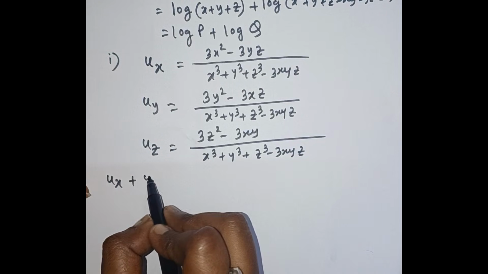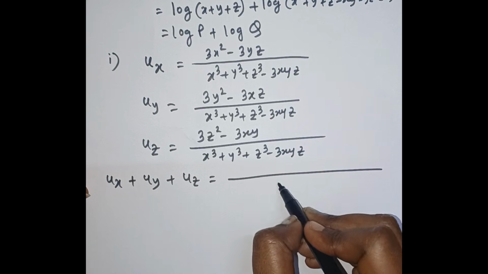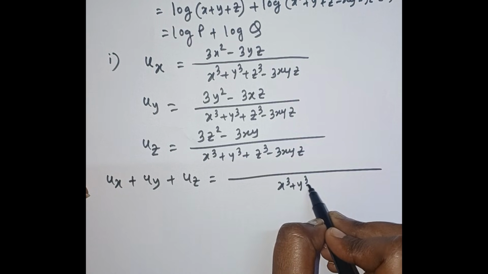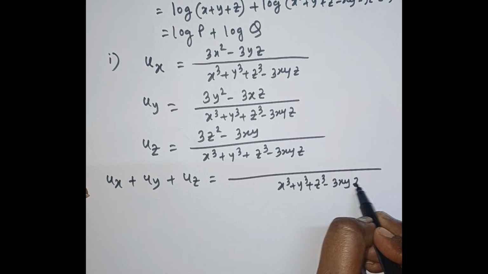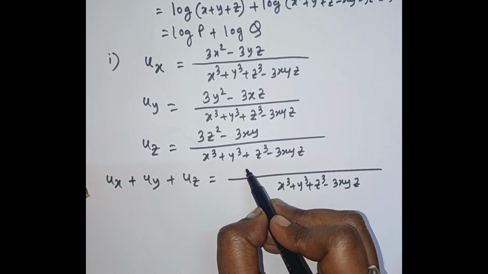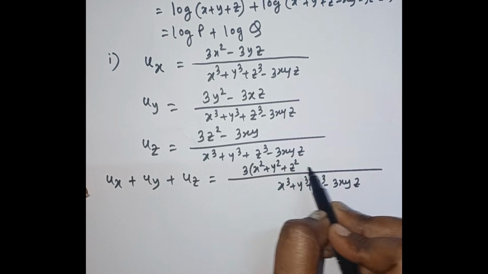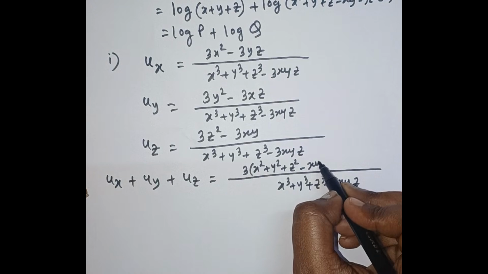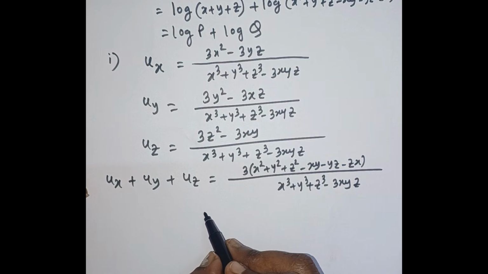Now if you sum ux plus uy plus uz, then the denominator will be the same, x cube plus y cube plus z cube minus 3xyz, and the numerator will be the summation of the above terms. That is, if we take 3 outside, then 3 into x square plus y square plus z square minus xy minus yz minus zx, that is 3q.